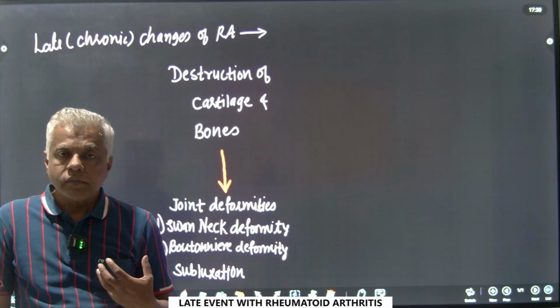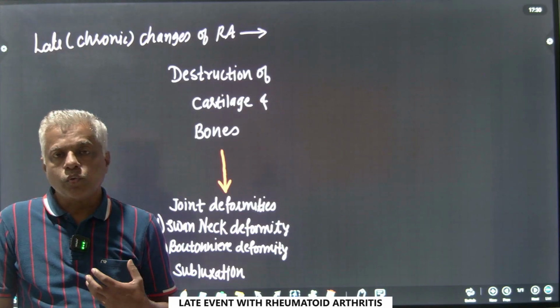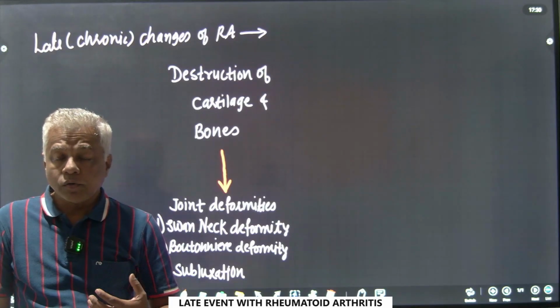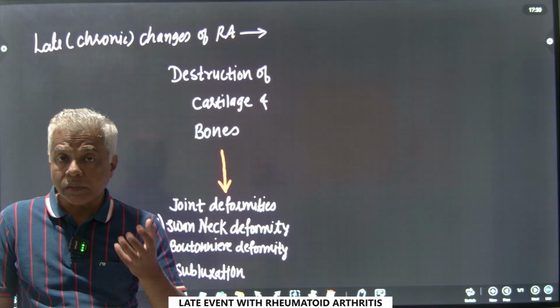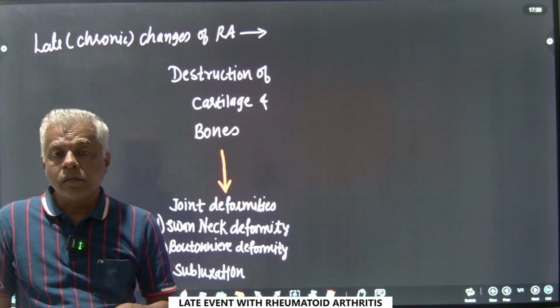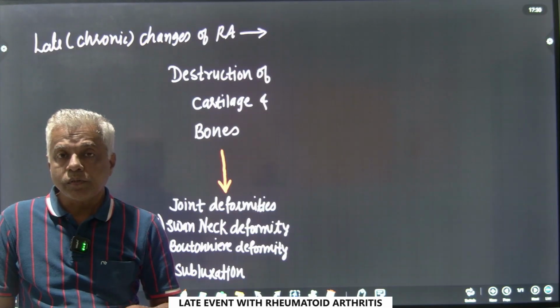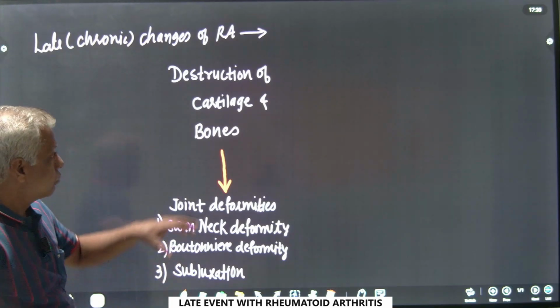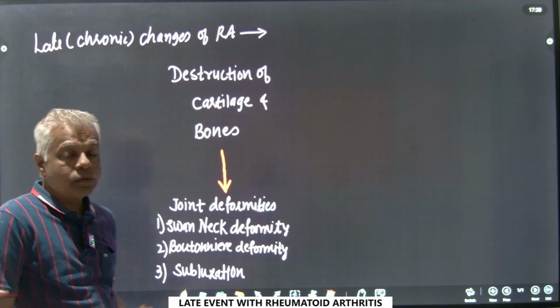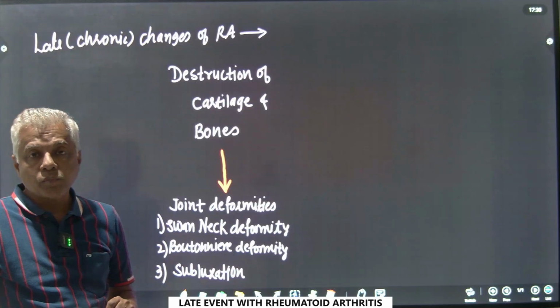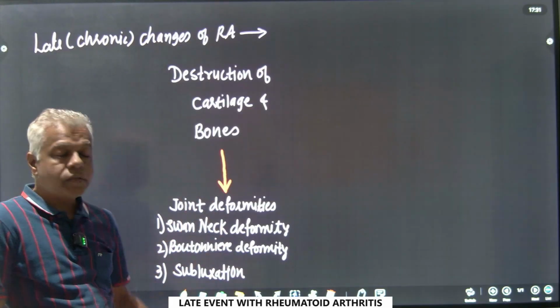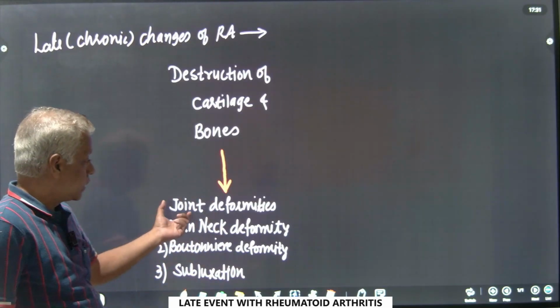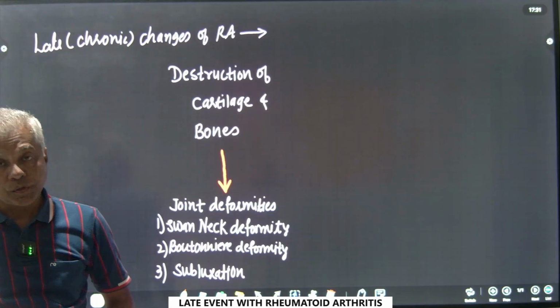Once the disease achieves its chronic phase, the various events occurring in the joint because of this inflammation of the synovial membrane finally lead to destruction of the cartilage and the bones, and the patient presents with various kinds of joint deformities.